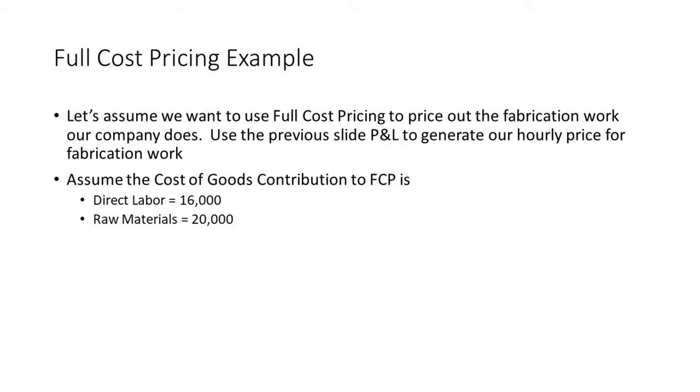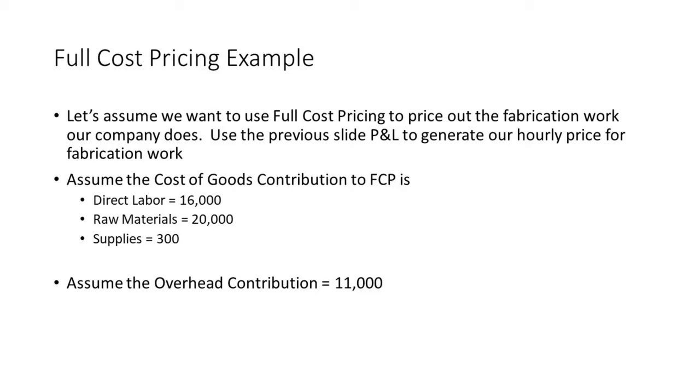Also, we're going to include $20,000 worth of raw materials, which always goes into what we fabricate for our customers. Supplies, miscellaneous things that we use, of $300, all of those go to our fabrication work, so we'll include those in the unit cost basis.